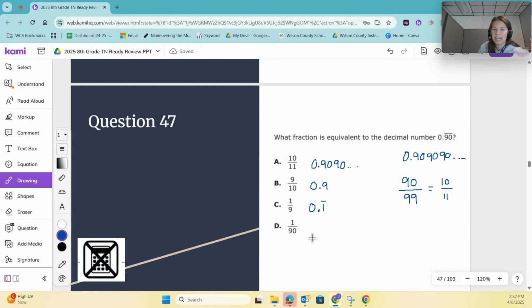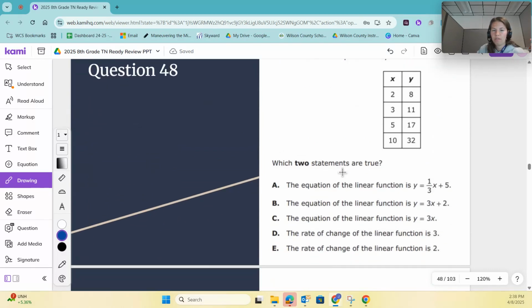And 1 over 90, if we type that into the calculator, it would be 0.01 repeating with just the 1 repeating. So you would be able to solve that one of two ways. Now, if you have 0.6 repeating, that is 6 over 9, which simplifies to 1/3. Hence why 6 repeating is 1/3.